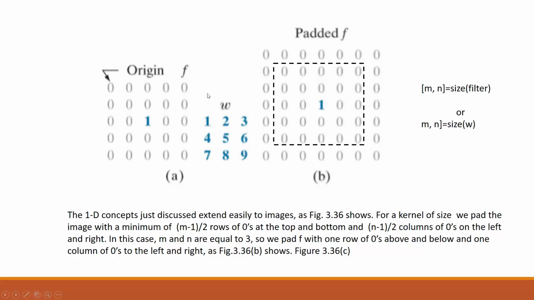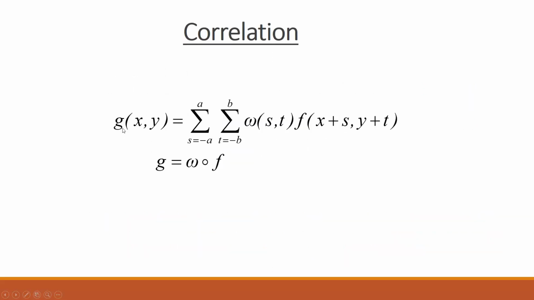Now we can perform a correlation here. For correlation in 2 dimensions, we can represent W as the kernel function in 2 dimensions. This represents the weight of the kernel, and this represents the function or image function.